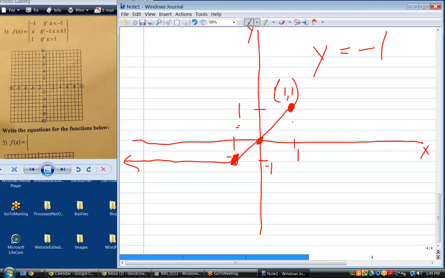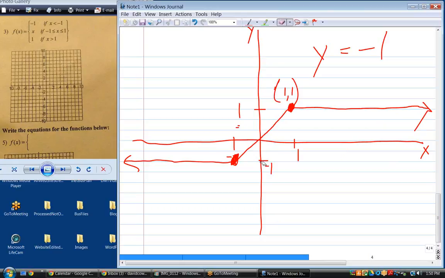Which is what kind of line? Horizontal or vertical? Horizontal. Notice that y is equal to 1, no matter what x is, once you get to the right of 1. In other words, when x is 2, y is still equal to 1. When x is 5, y is still equal to 1. So that's how I end up with this graph.